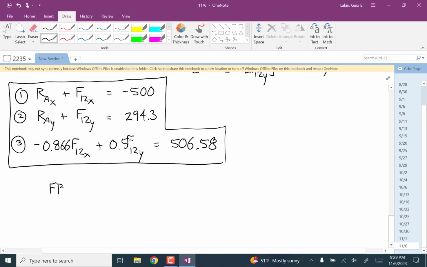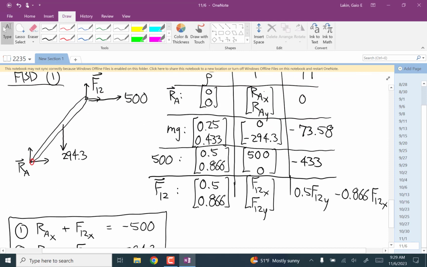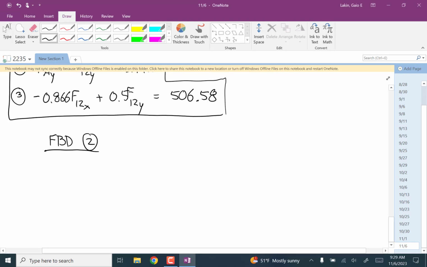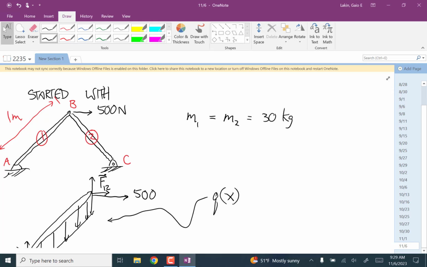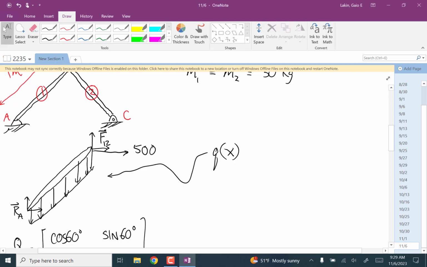So the free body diagram of body 2. It also does not make sense that that's on a roller. I think when I drew it in the last class, I put it on a roller, but it wouldn't be static if that right side was on a roller.